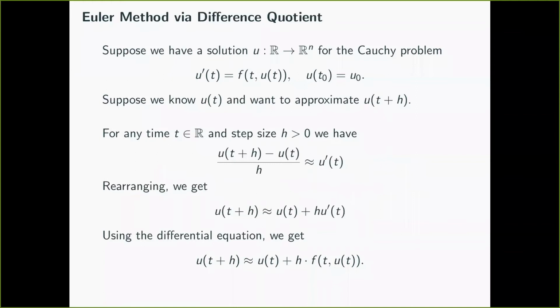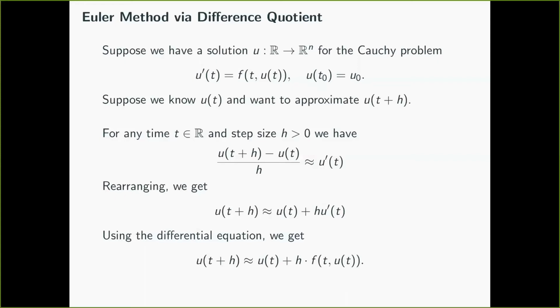In order to derive such an approximation, for any time t and any positive step size h, we recall the following approximation of the derivative of u, namely u of t plus h minus u of t divided by h, which is the difference quotient, can be seen as an approximation of u prime at t.